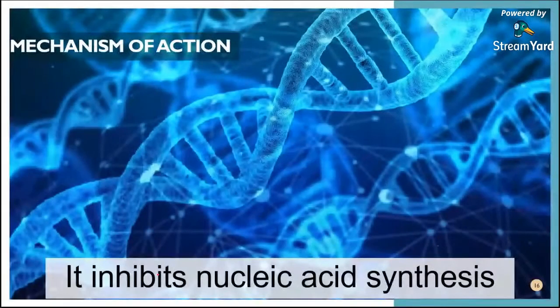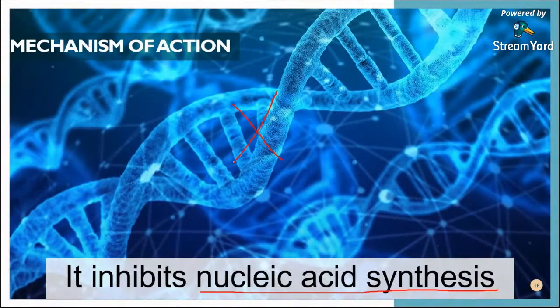So, the mechanism of action of this drug. It inhibits nucleic acid synthesis in parasites, that is DNA and RNA, deoxyribonucleic acid and ribonucleic acid. So this drug affects the nucleic acid synthesis pathway, and nucleic acid synthesis gets blocked. DNA will not form.